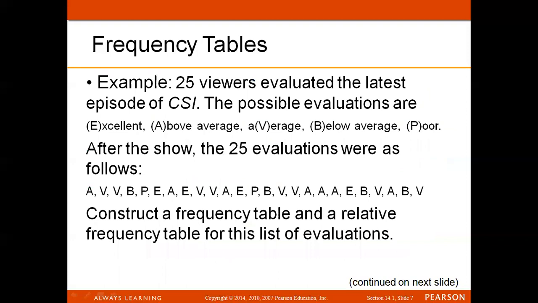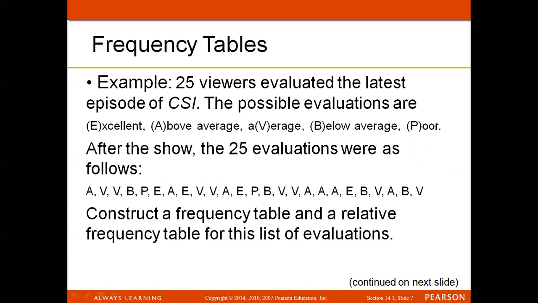Example of a frequency table. 25 viewers evaluated the latest episode of CSI. The possible evaluations are E for excellent, A for above average, V for average, B for below average, and P for poor. So we have 5 ratings: excellent, above average, average, below average, and poor.